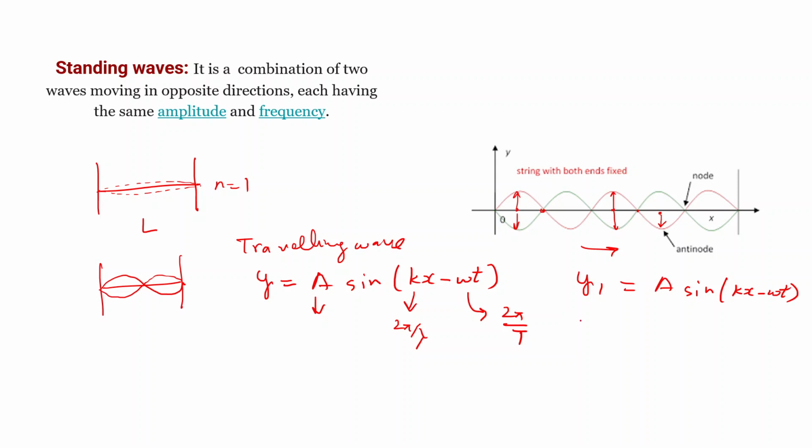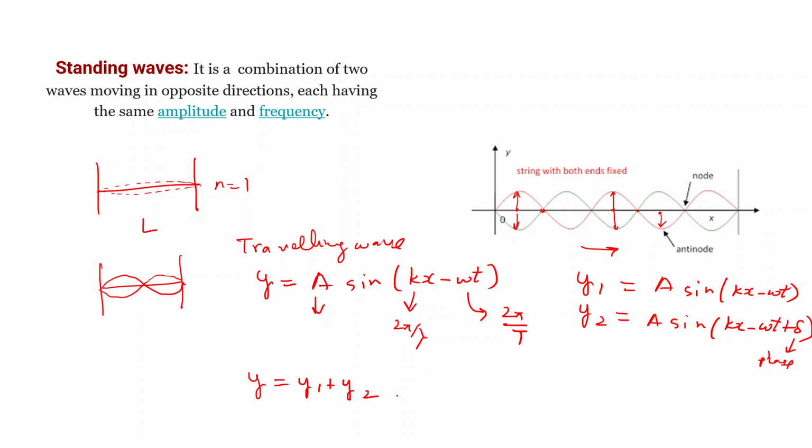Now the equation for the wave coming back will be the same, only different in phase. Delta here represents the phase difference between these two waves.